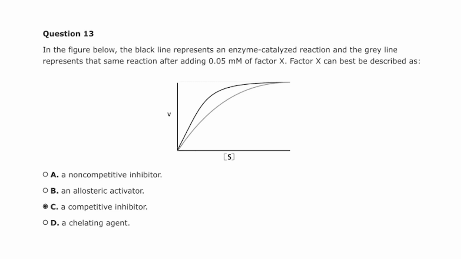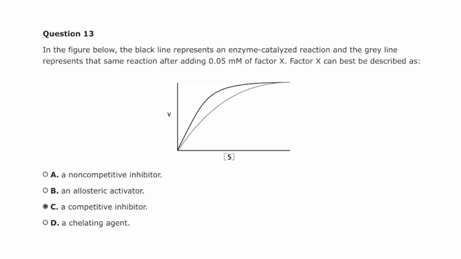Non-competitive inhibitors bind an enzyme at a site which isn't its active site. An allosteric activator would increase the enzyme's activity, and we can see here the gray line is lagging below the normal enzyme line. So the gray line is definitely an inhibitor of some description.